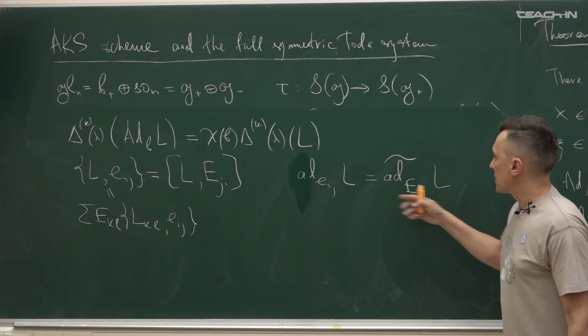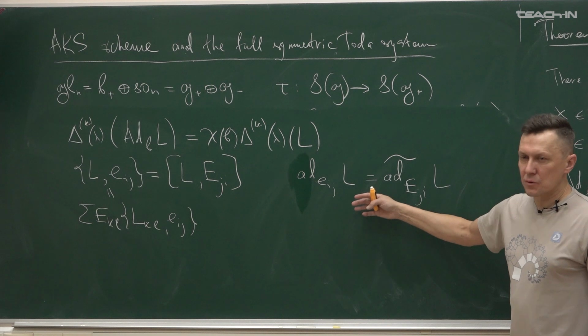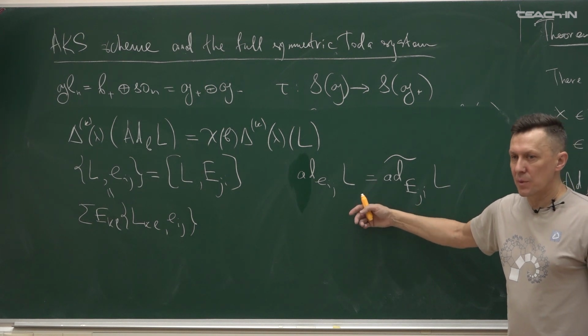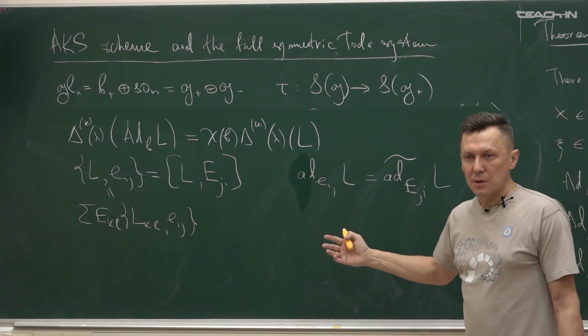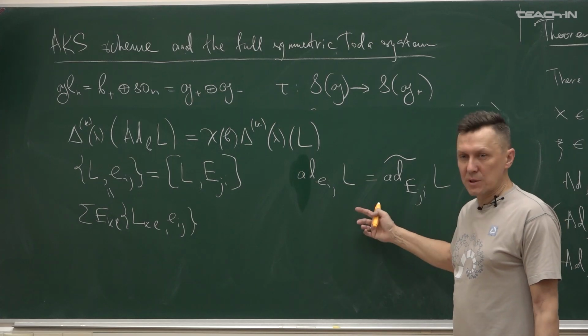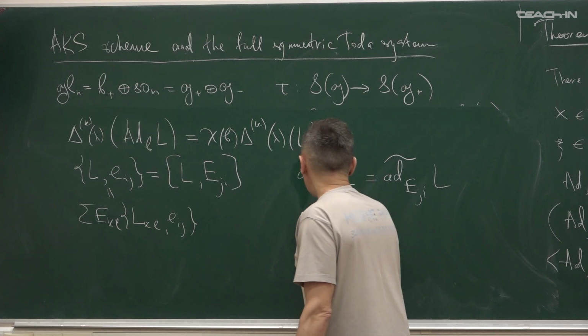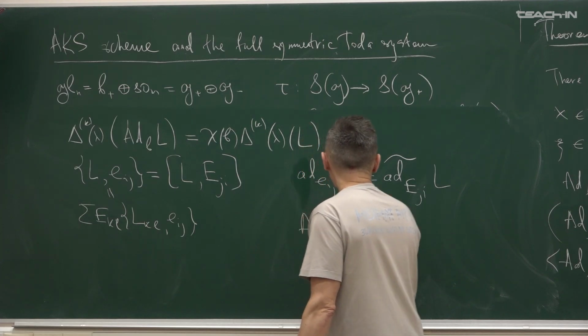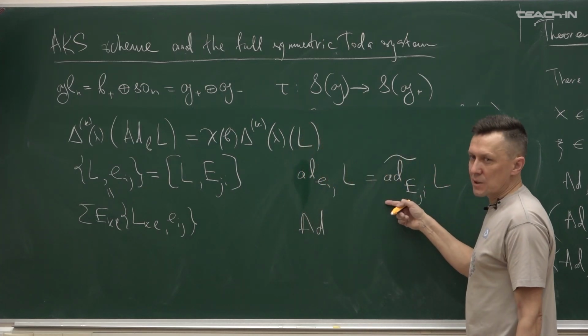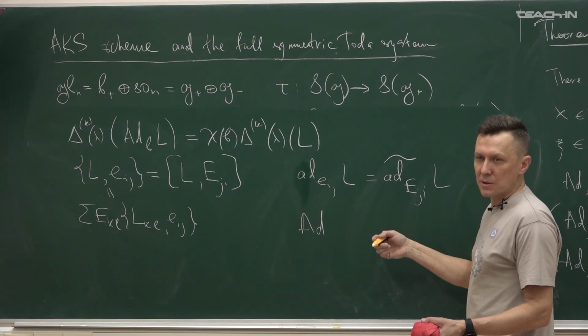So this is the equality of two actions of the Lie algebra, but there are Lie groups which can be obtained by exponentiation of this Lie algebra action. And it means that if the infinitesimal actions coincide, the exponentials will coincide also.